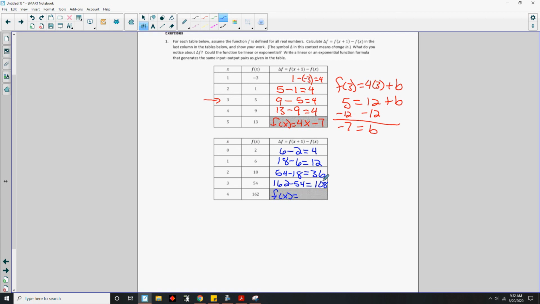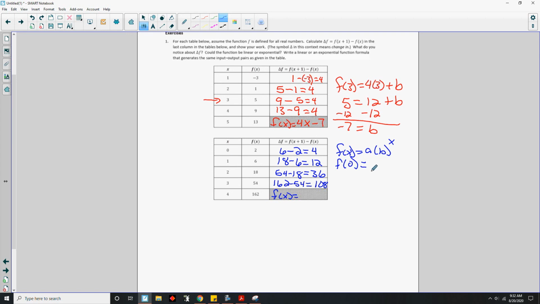So remember it's f of x equals a times b to the x, and a is our y-intercept. So our y-intercept in this case is f of 0. So when I plug in f of 0 right here, I get 2.